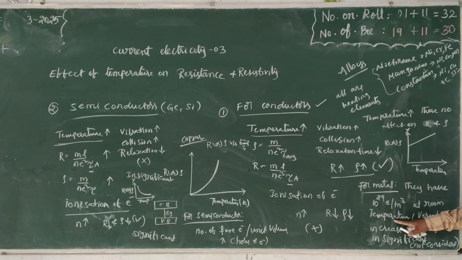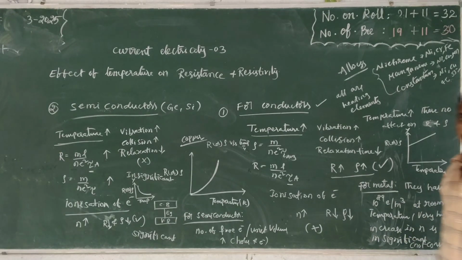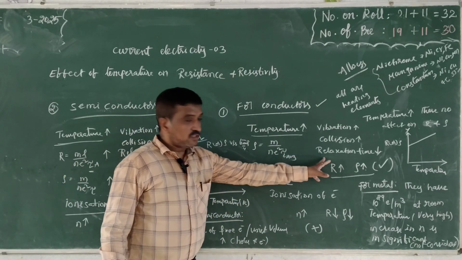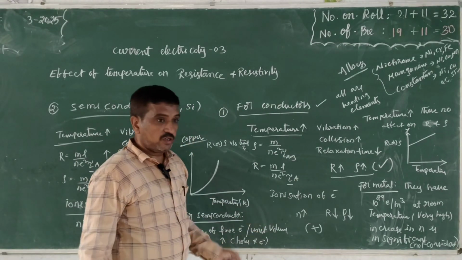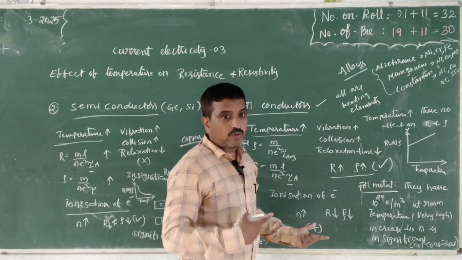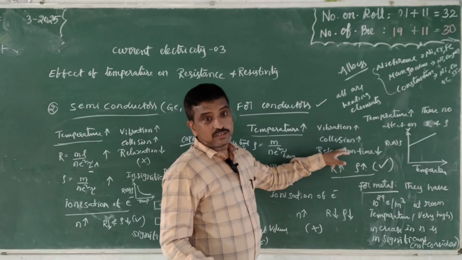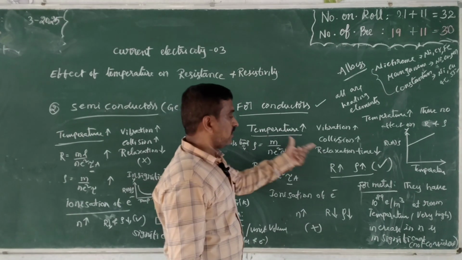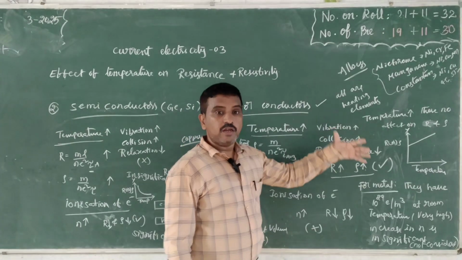So when temperature increases, the increase in n value is not dominating. Ionization of electrons is not dominating the decrease in relaxation time. That's why, as temperature increases, resistance and resistivity increase for conductors.